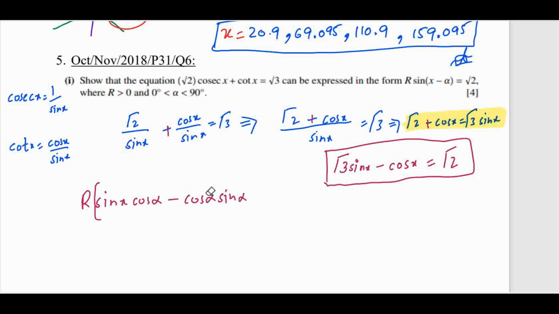Here this must be theta, because the first angle is this, not theta, it's x. So this must be x is equals to square root of 2.